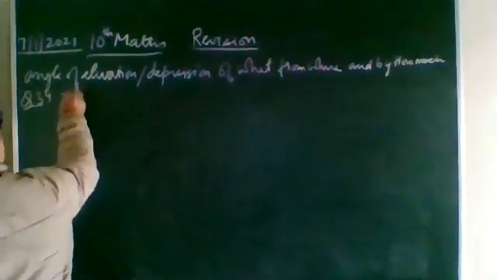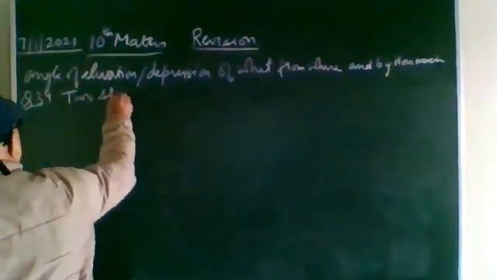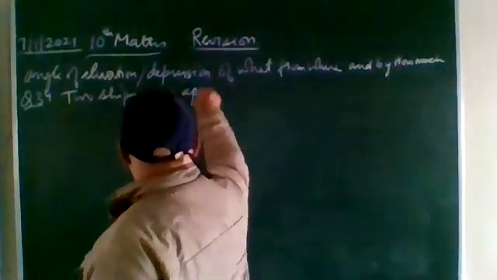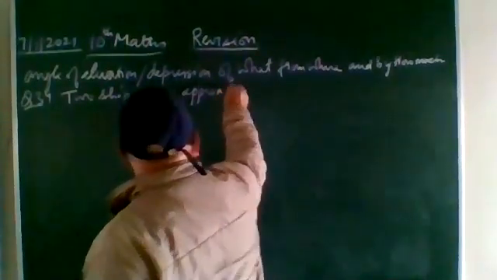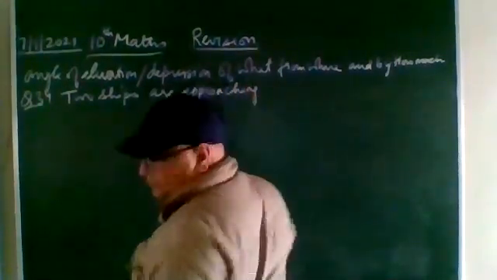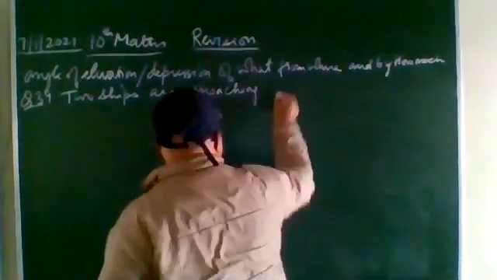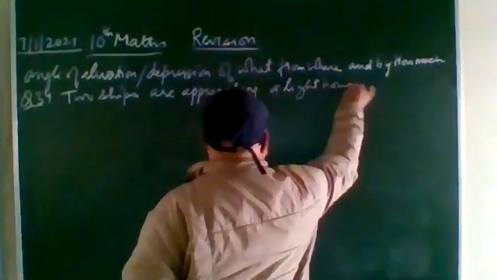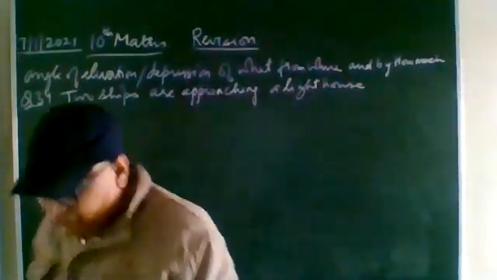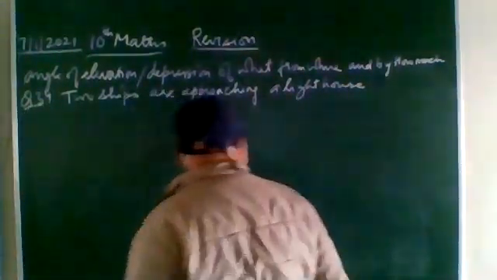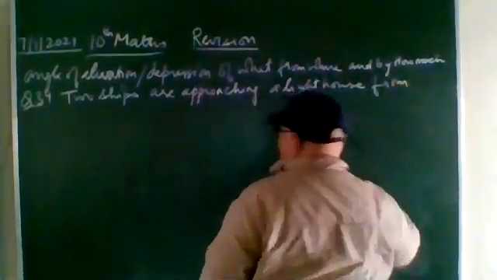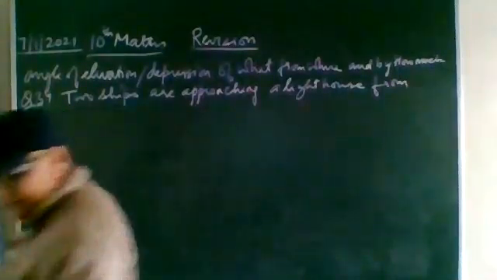Question 34. Two ships are approaching a lighthouse from opposite direction.